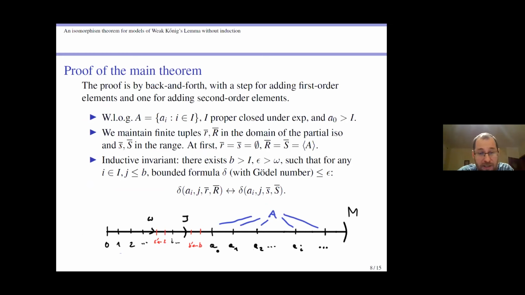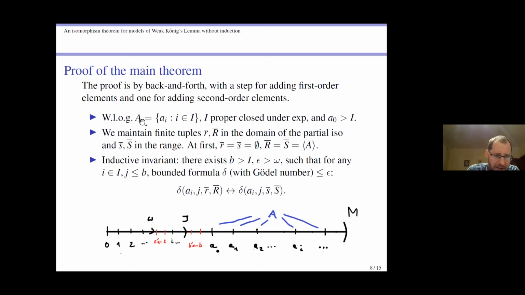Let's take these two models, whatever these names are for the second order universes satisfying Kőnig's lemma. We're going to do a back and forth argument, as you can imagine. There's going to be a first order and a second order step because we're adding both first and second order elements to the domains and ranges of our isomorphism.